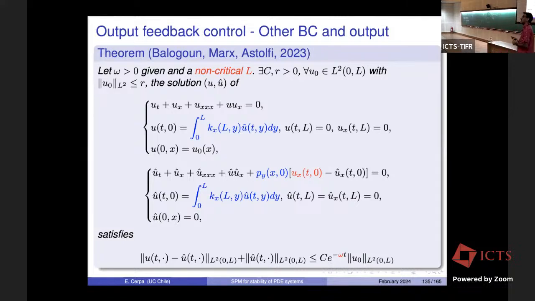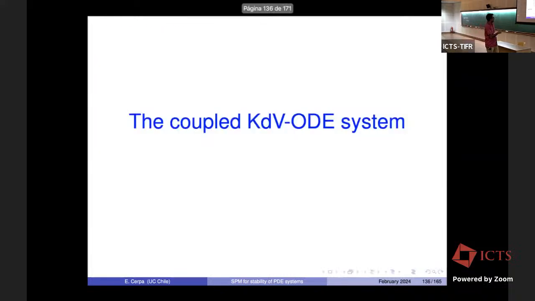We have already seen that several times, okay? So here they need a non-critical domain in order to get some information from that trace U_x at x equal to 0, okay? And other things are the same. Of course, the kernels K and P are changing from one slide to another, okay? They are different, but very similar, okay?